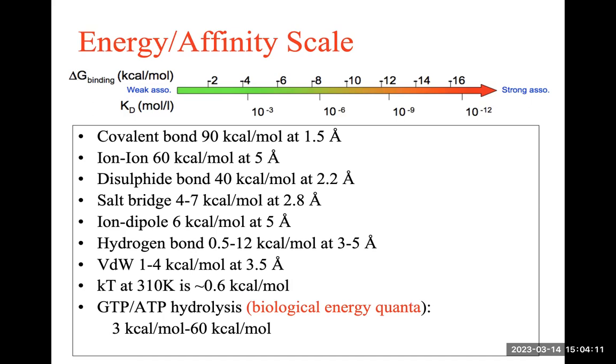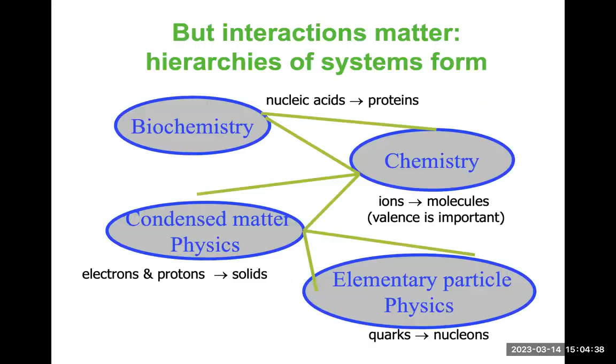There is a range depending whether you use GTP or ATP and what the concentrations are, but that's the characteristic range of biological quanta of energy. But it is a quantum. It could be a quantum of 3 kilocalories per mole in the lowest amount, or 60.